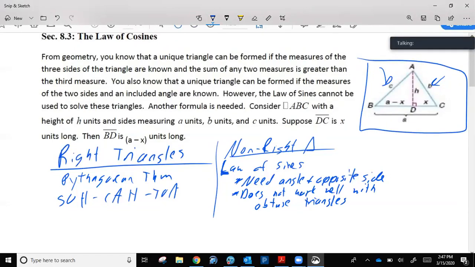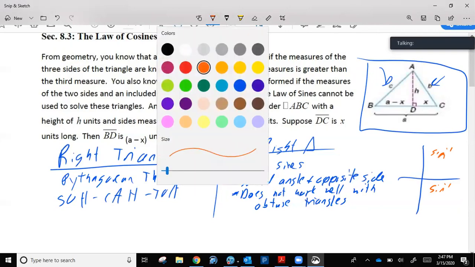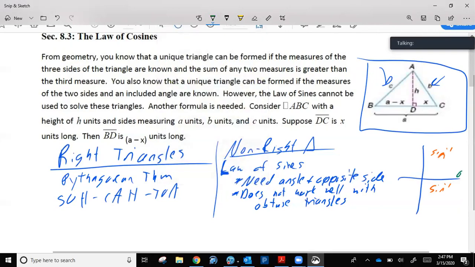Why that is, real quick, if you think about our inverses, if I'm trying to find an angle and I have to take the inverse of something, we learned in chapter 7 that inverse sine only has answers in quadrant 1 or quadrant 4. And if you think about a triangle, triangles have angles that go from 0 to 180.